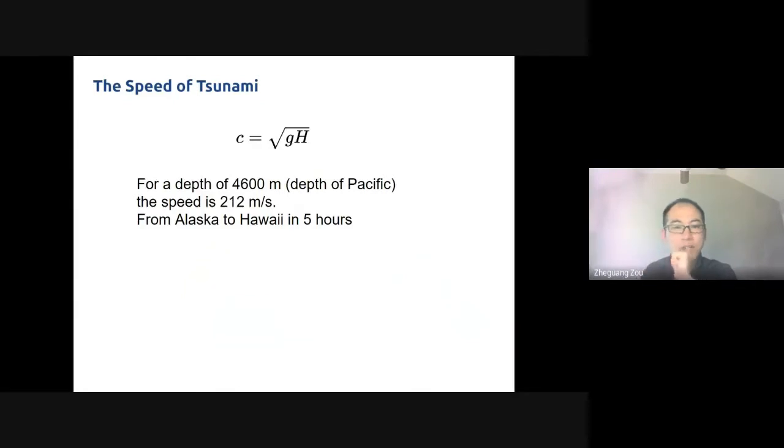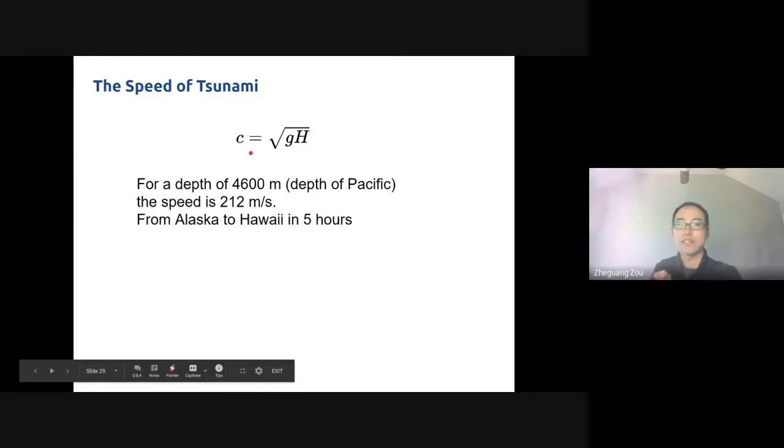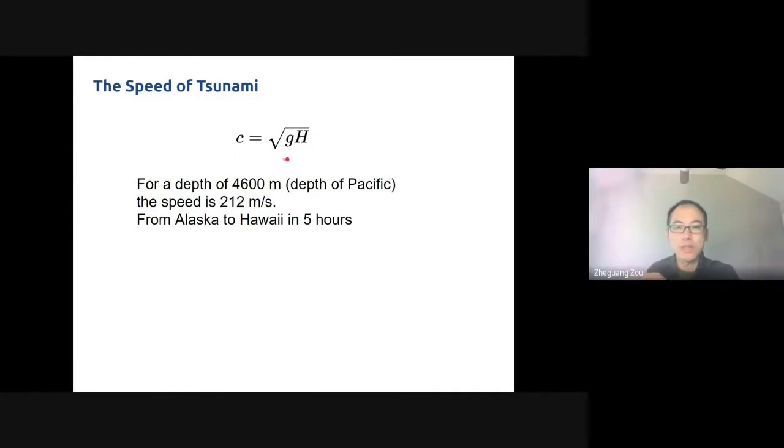I think I already slightly covered this. For a tsunami, we have to consider it as a shallow water wave. For a shallow water wave, the speed is the square root of gh. From previous slides, it's in the Pacific, so let's check the depth for the Pacific. Around that region, it's about 4,600 meters. You input this here, calculate everything, and the speed is about 212 meters per second.